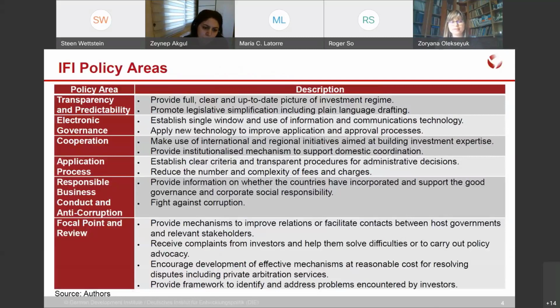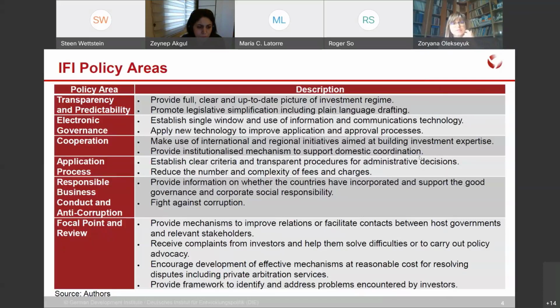So we now have an index with over 100 measures that fall under investment facilitation, and we grouped them into 6 different policy areas. The first one is transparency and predictability, which includes different measures that describe a clear and up-to-date picture of the investment regime of every country and promotes legislative simplification, including plain language drafting.